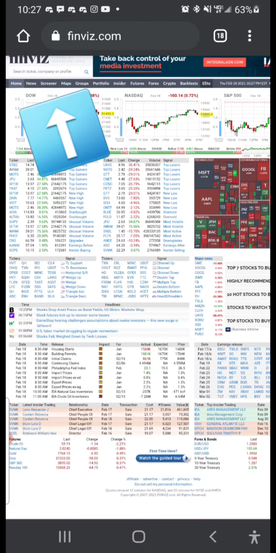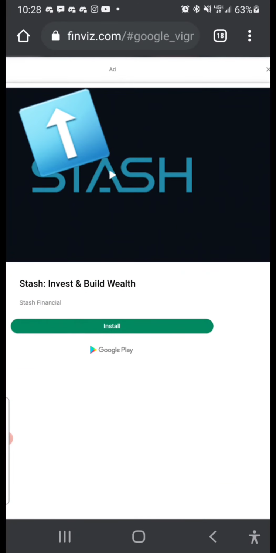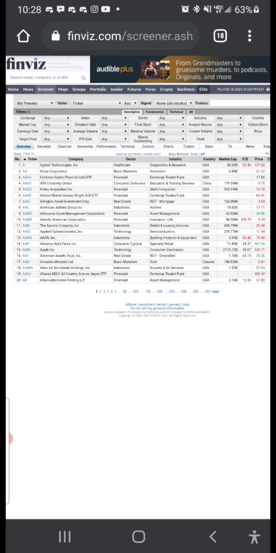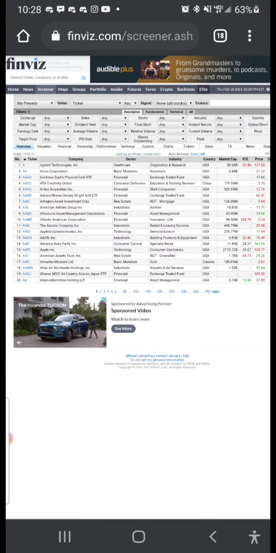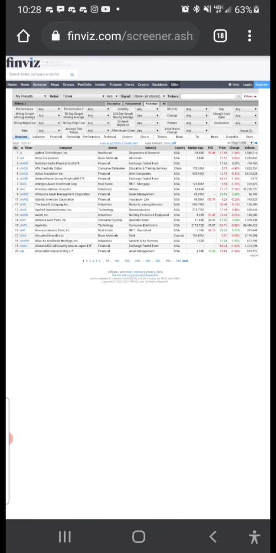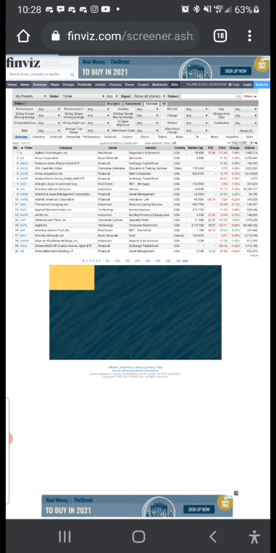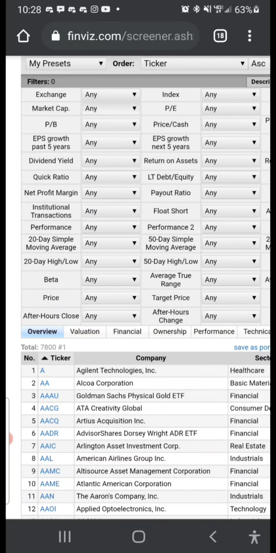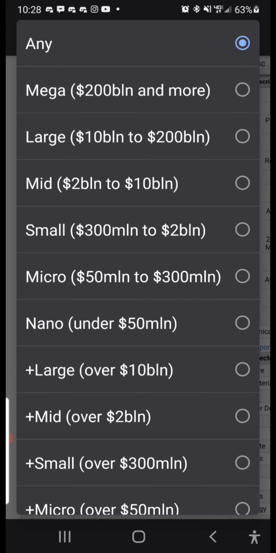So you go to the top left where it says screener and get off the ads. Oh, I got the ads. Okay, so we're gonna go with technical, so actually let's just hit all. So what we want to do, market cap, you can do anything from small to mega.